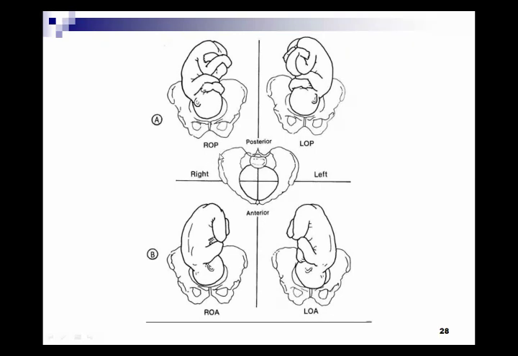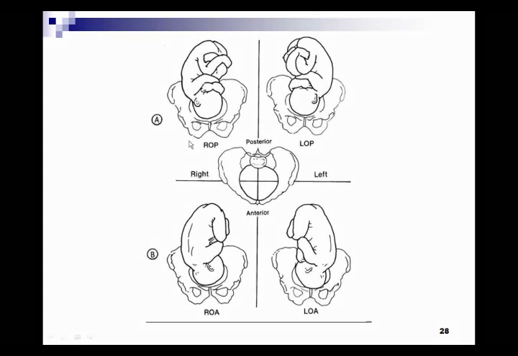So the letters will be R-O-P. If the occiput is facing the rear in this quadrant, like we see here, it's L-O-P. If it's toward the front, her right side, R-O-A, L-O-A.